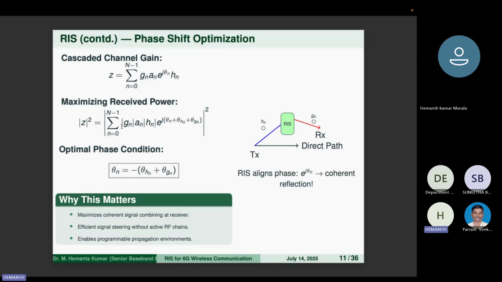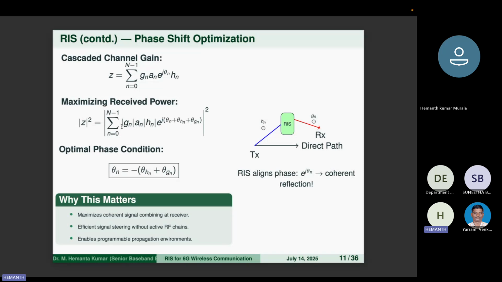Then tell me, when will it be maximized? What is the condition? It is maximum if the phase term becomes 0 or 2 pi. So when will it be converted into 0 or 2 pi? The condition is theta n must be equal to minus of theta of h of n plus theta of g of n.